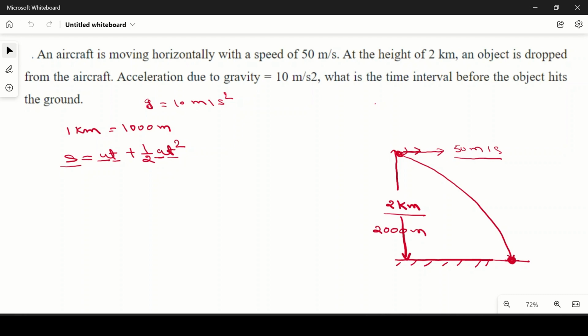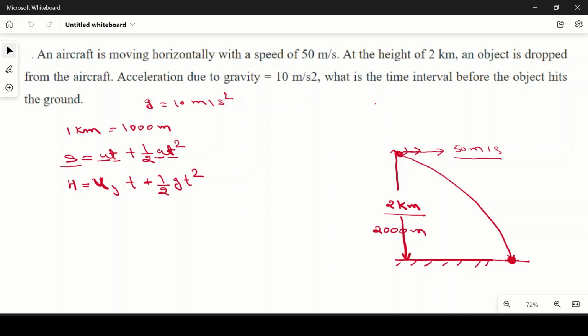For the vertical direction, if we write, then h, the total movement in the vertical direction, which is 2000 meter, is equal to the velocity in the vertical direction, uy, into t, minus half g t square, minus because this is moving in the downward direction.